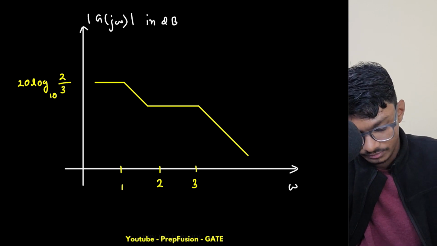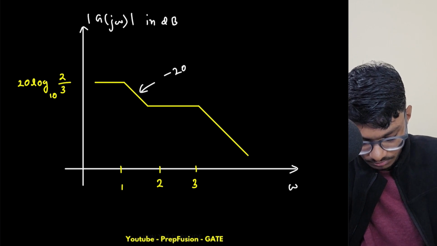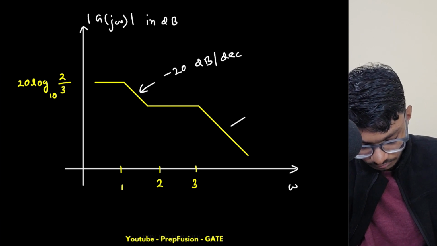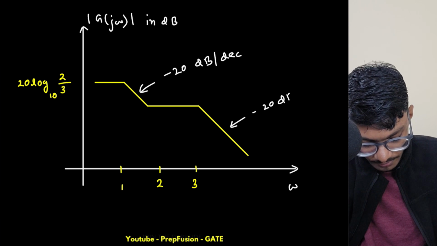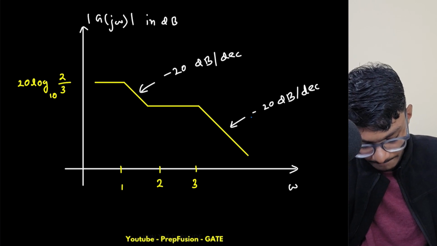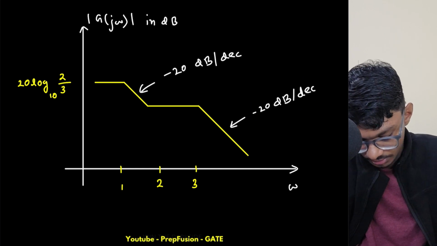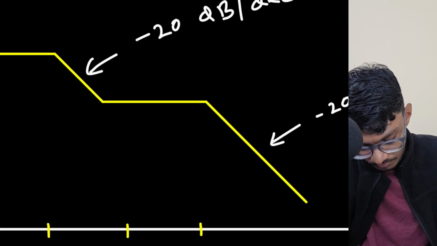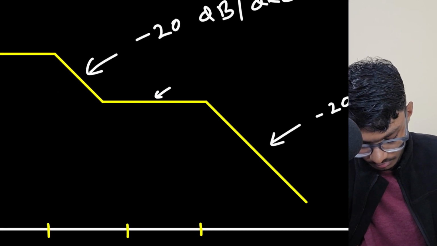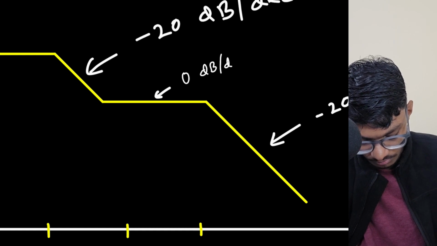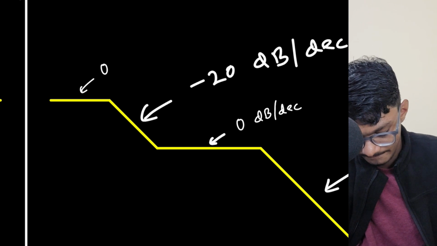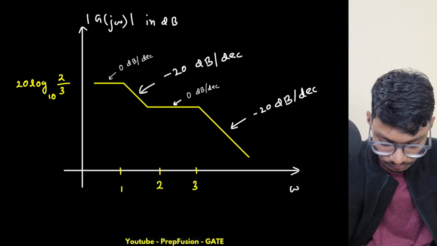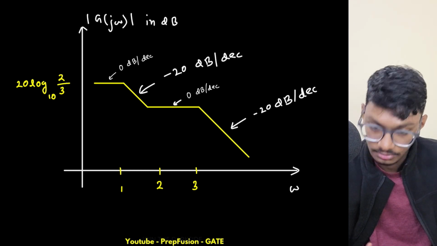So this is minus 20 dB per decade, this is minus 20 dB per decade, and this is 0 dB per decade. Here the slope is 0 dB per decade. So yeah, this is the Bode magnitude plot.